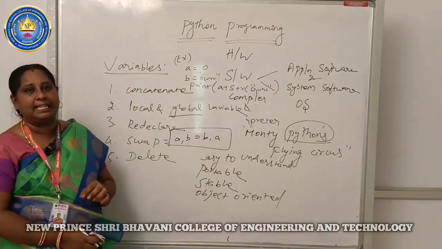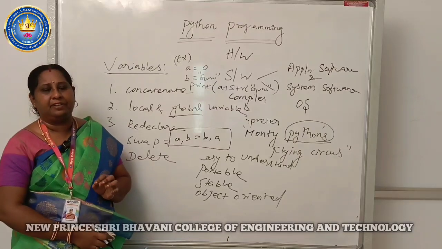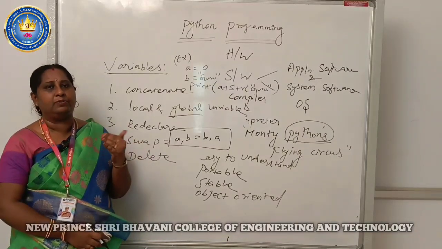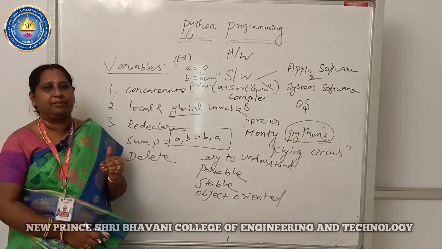And the last one is delete. By using the keyword del, we can delete a particular variable. After that, if you use print B, then it will give an error.